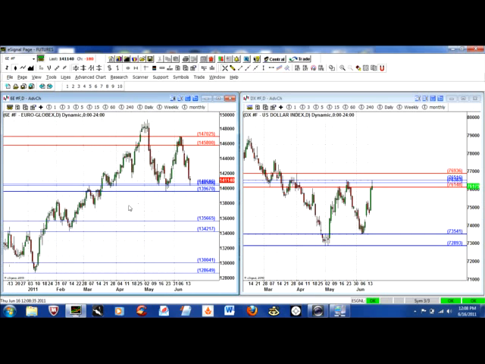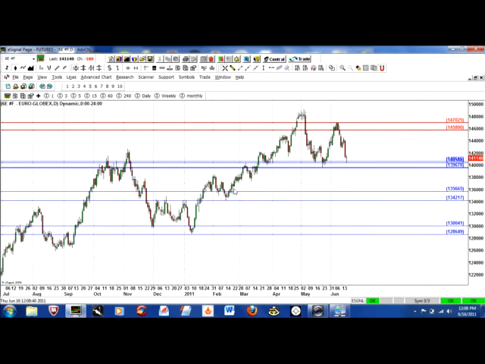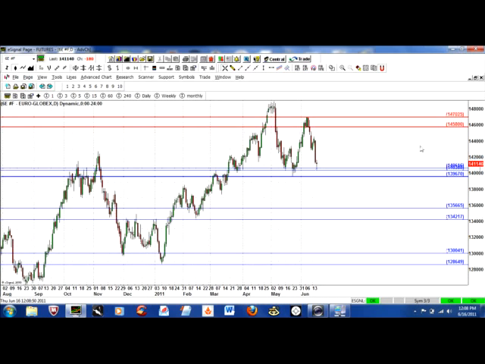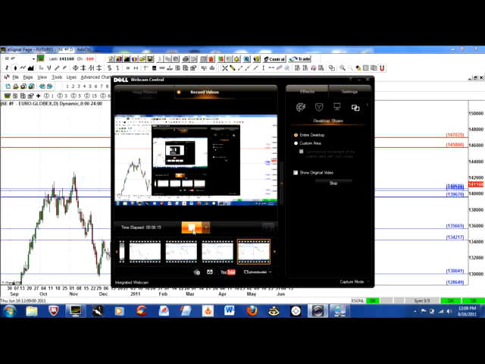Like I said, I'd be interested in being a buyer of the euro if we can get down to this area here, the 566 area, or down here at the 1300 area. Those would be different places that I'd consider going long. But for day trades, we just need a bounce, so you just want to line stuff up and play the percentages.